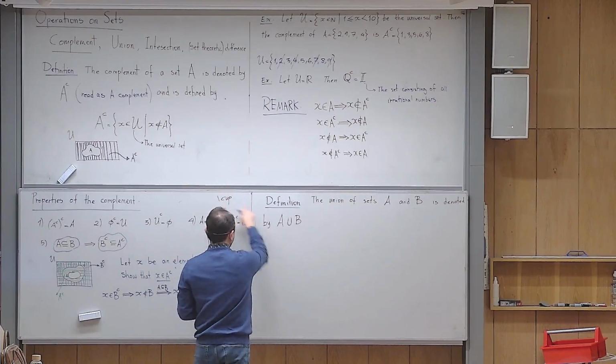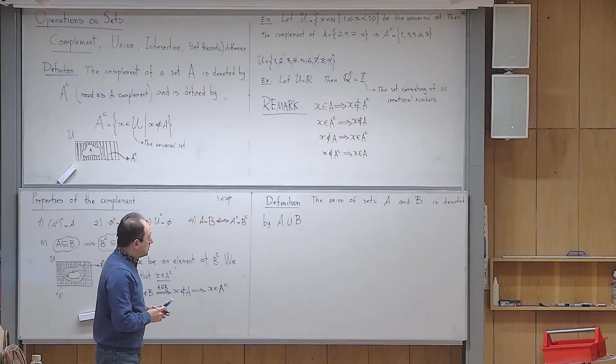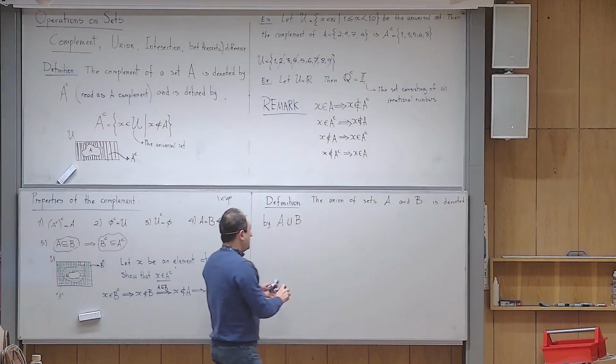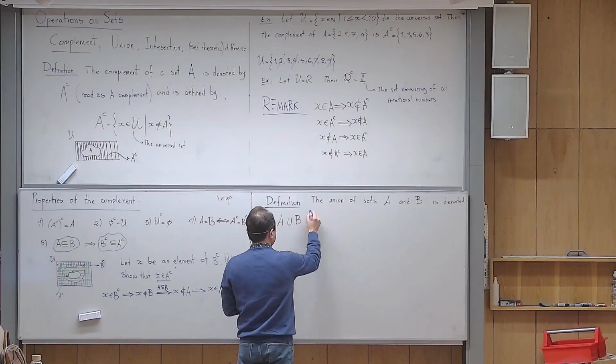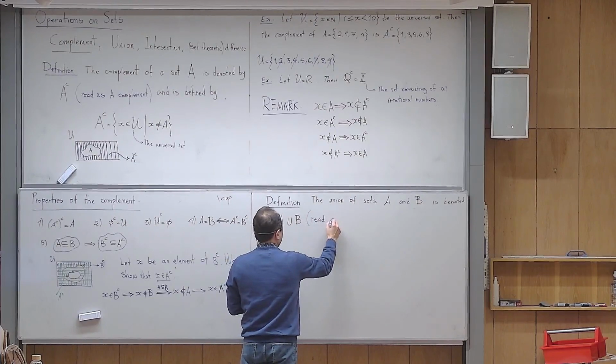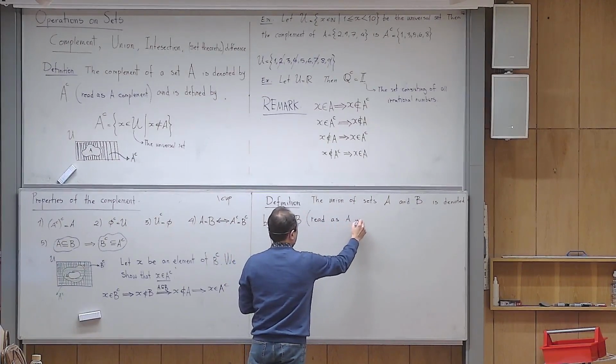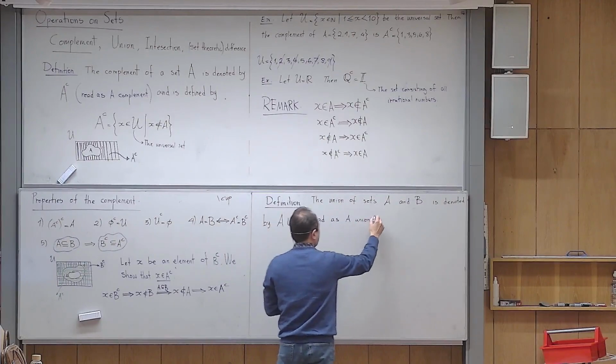This symbol you can just write like this. So A union B, read as A union B.